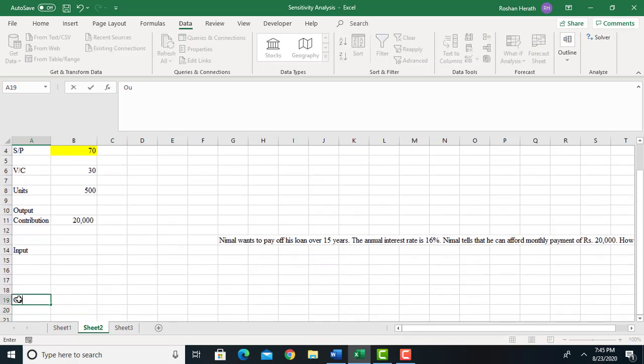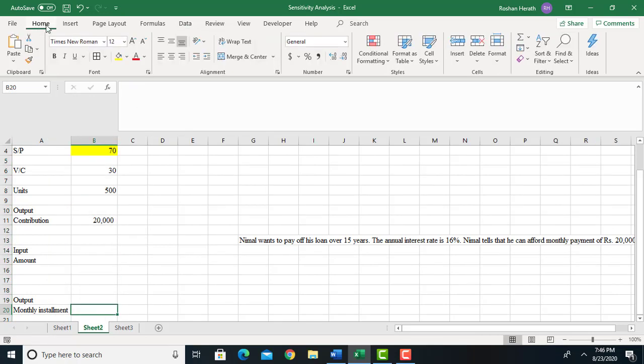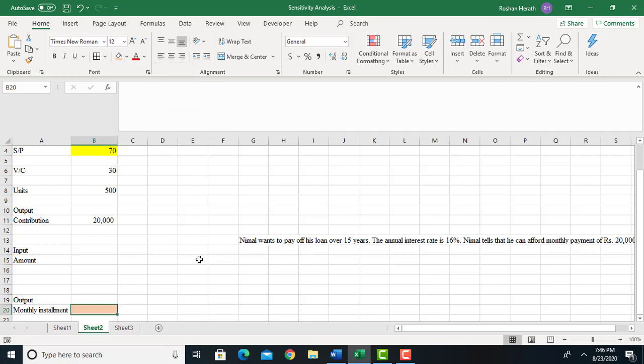Then the output. You are given the loan amount, but you have to assume one, because it's a pretty much required ingredient in order to work out the monthly installment. It has to be there when you're developing the model. Monthly installment amount should be there.